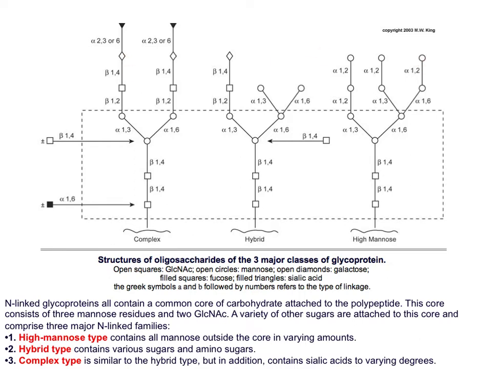High mannose over here has only mannose, which is easily observed. Hybrid has various sugars and amino sugars, so it has some mannose and other sugars. And then complex are similar to the hybrid type, but in addition, they have these sialic acids, which hybrids do not have.